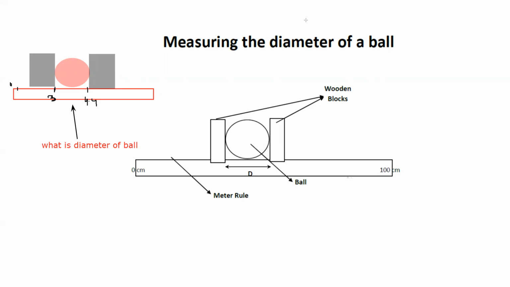The diameter of the ball is a distance. This distance is the diameter of the ball. So it is starting at 3 and ending at 4.4.